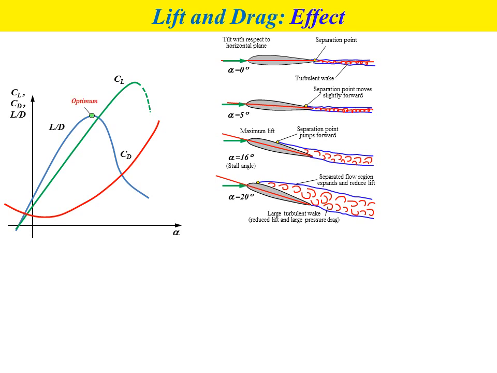Okay, so the highest point of the L over D curve represents the optimum point, which we normally refer to during the design process, where we need to choose this point in order to get the highest CL value with an acceptable value of the drag coefficient CD.